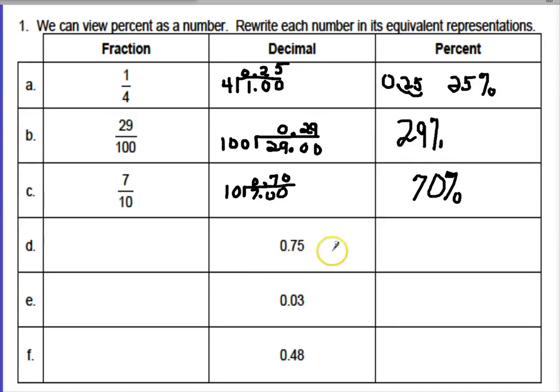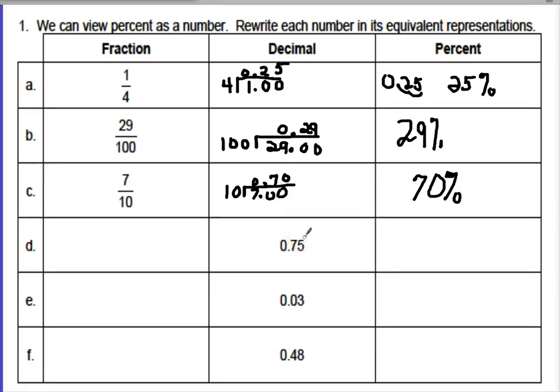So let's go to the next one. Well, I don't have a fraction here. How am I supposed to do this? They just gave me a decimal. How am I supposed to write that as a fraction? Remember, there's a relationship between decimals and fractions, and I kind of just hinted at it. So I'm going to count the place value. This is tenths, hundredths.